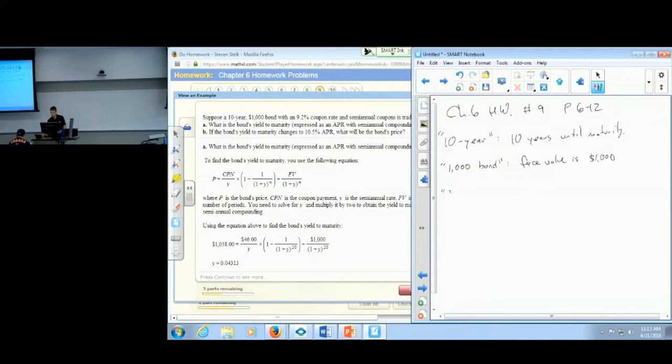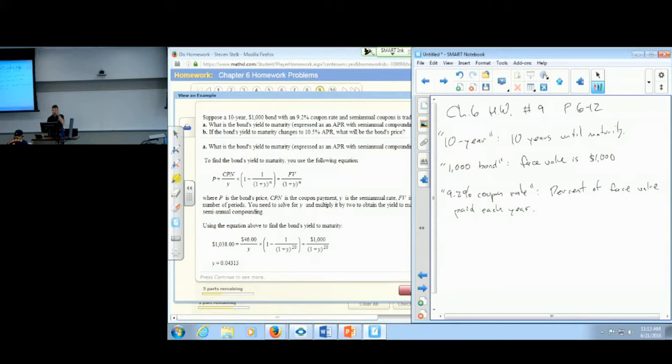All right, what about when it says 9.2% coupon rate? What's that telling us? Percentage of the face value that they pay each year. That's exactly right. That's the coupon rate. So that's the percent of face value paid each year.